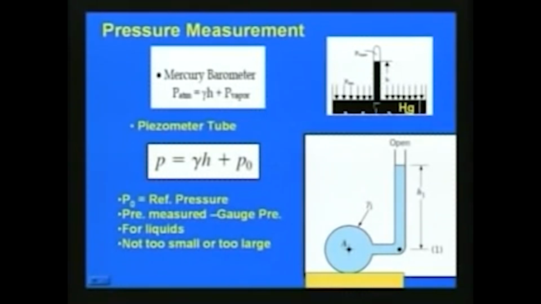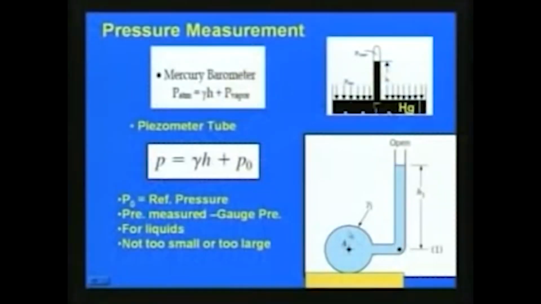So, now we will discuss some other pressure measuring equipment. One of the simplest pressure measuring devices is called a piezometer tube. Here you can see, if we want to measure the pressure in a pipe like this, or in a tank, or at the position where we want, we can introduce a small piezometer tube.